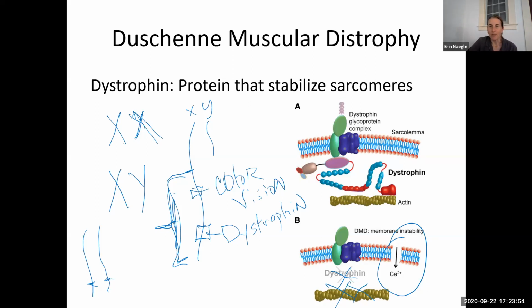That's all fine unless you have a version of the gene that doesn't work so well. In Duchenne muscular dystrophy, if you inherited the version of the gene that means you don't make dystrophin, or don't make it very well, then you've only got 1 copy. You don't have a backup.